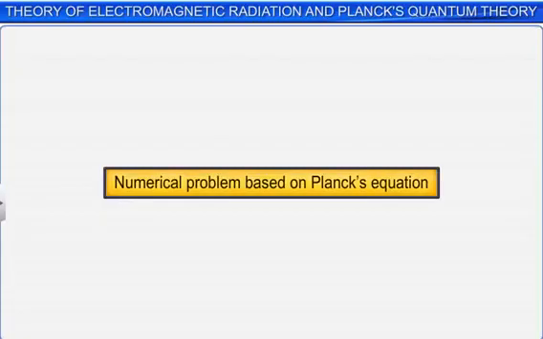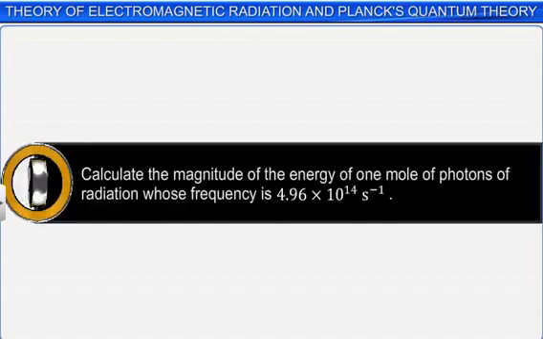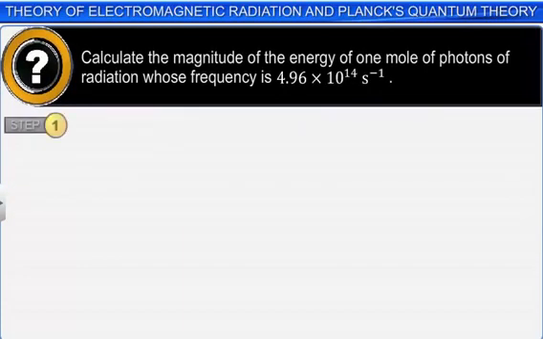Now let us solve a numerical problem based on Planck's equation. Calculate the magnitude of the energy of 1 mole of photons of radiation whose frequency is 4.96 × 10^14 per second. The first step involves writing the expression for the energy associated with one photon, that is, E equals hν.